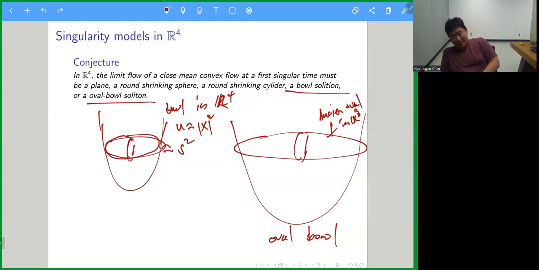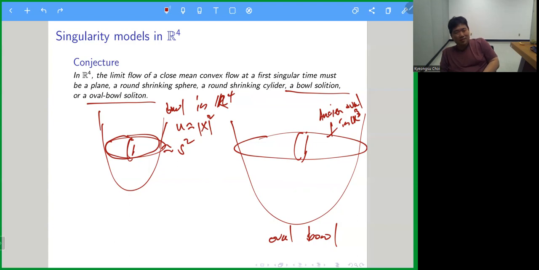And in that case, there is a possibility that the ancient oval is also a global limit, which can be obtained beyond the first singular time. There is some conjecture.